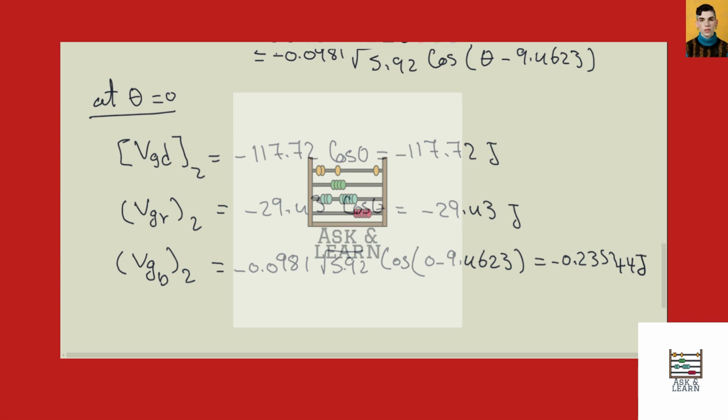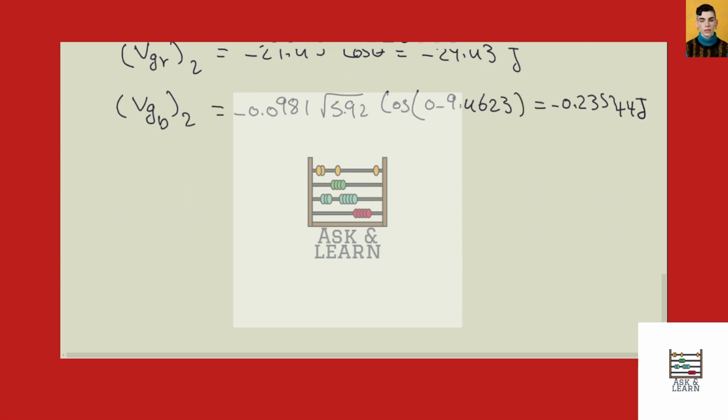So using conservation of energy, we say that T2 plus V2 equals T3 plus V3.